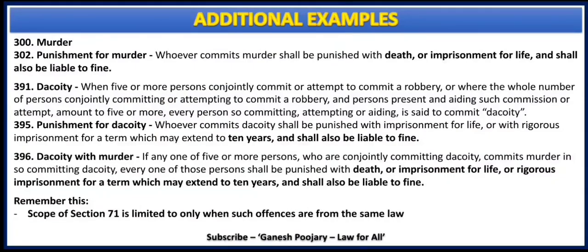Now here let's imagine that A was committing dacoity, and while committing dacoity he murdered Mr. Z. Now what are the different sections that we need to understand? Section 300 defines murder, then we have punishment for murder under section 302. Section 391 defines dacoity, and then we have punishment for dacoity under 395. Now dacoity is an offense, murder is an offense, and Mr. A has committed them together.